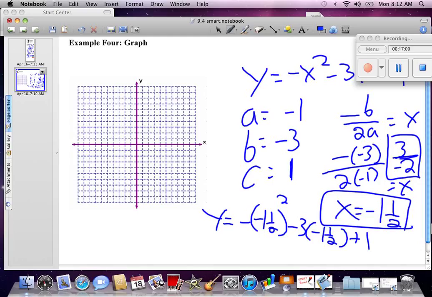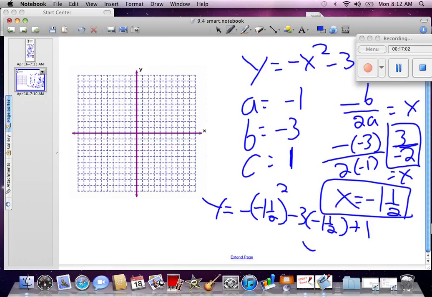And I get Y equals 7. So our step 3 is plug X into original equation. Step 4, make table.